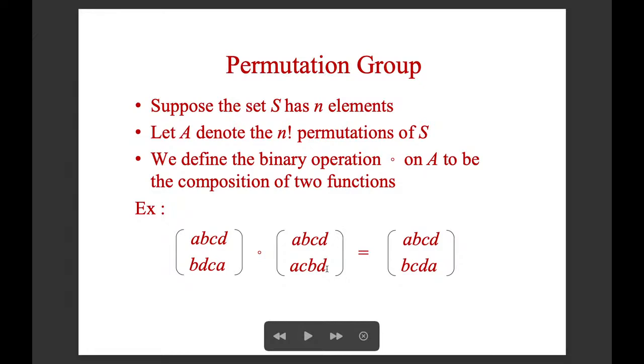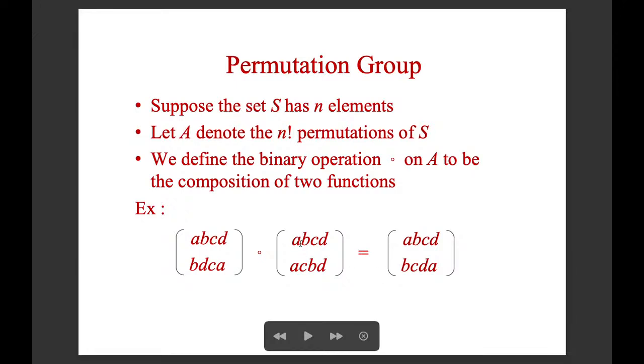In terms of functions, the order in which we apply them starts from the right and then goes to the left. So what will happen to A, B, C, D? For A, it will first be mapped by g to A, and after that it will be mapped to B. So the composition of these two functions will map A to B.